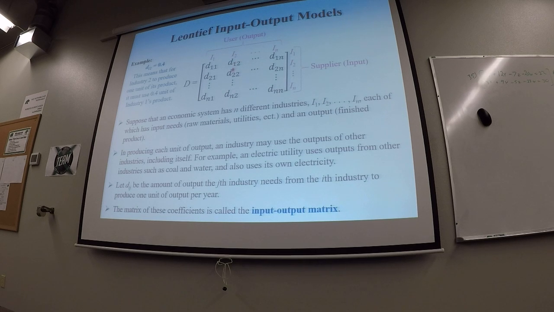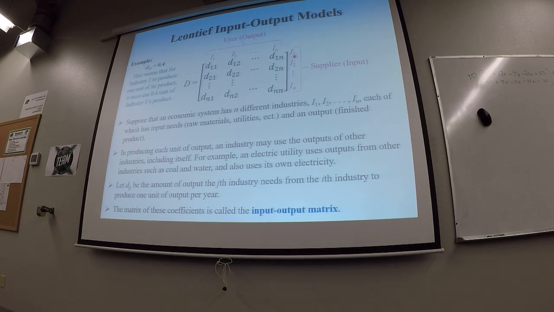So industry 2, to produce 1 unit of its product, must use 0.4 units of industry 1's product.